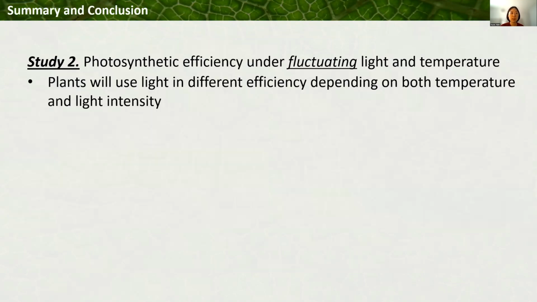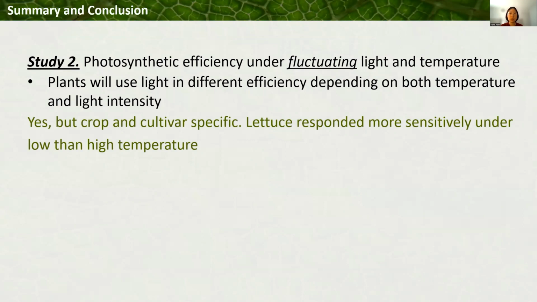So this is the summary and conclusion. The hypothesis was correct, which is that crop specific and cultivar specific responses are anticipated, but still light use efficiency was affected by both temperature and light intensity.